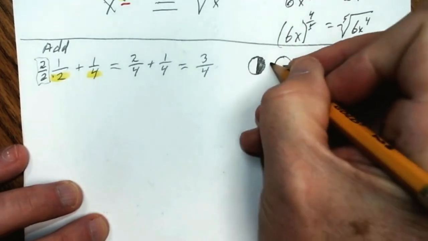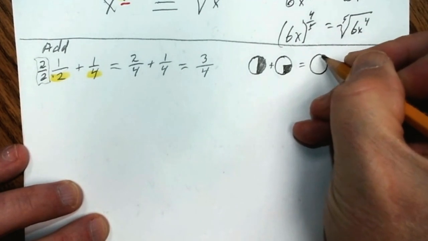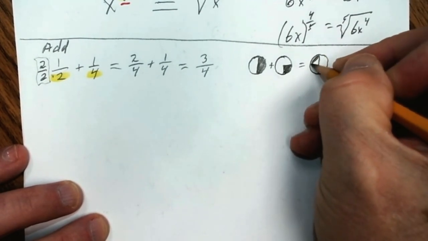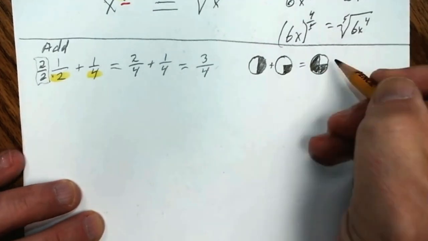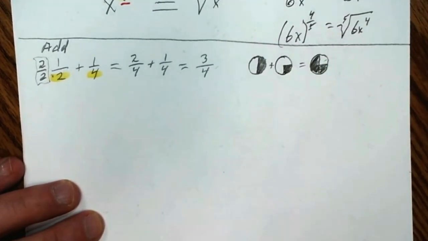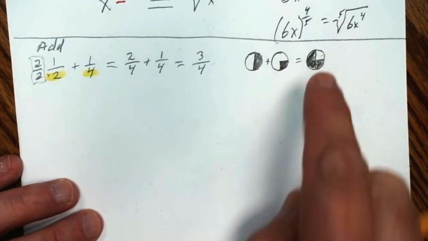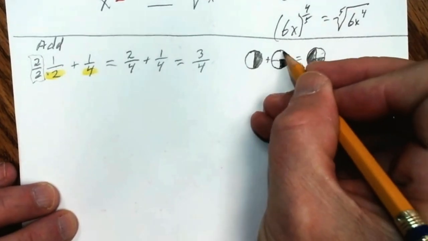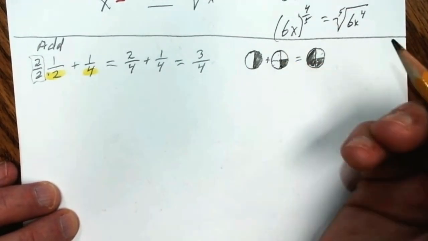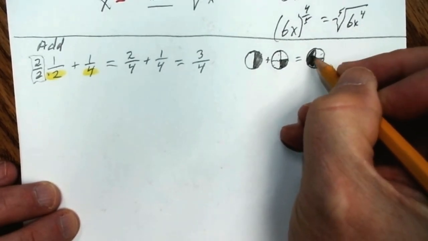If I put those together, I have half a pizza plus a fourth of a pizza. That gives me 3/4 of a pizza. That's how a fraction works. Cut that in half, cut that in half. That's 1, 2, 3, 4 slices all the same. And we have 3 out of 4.